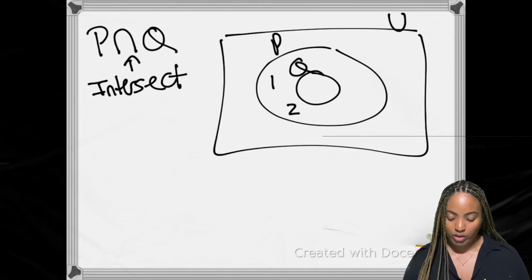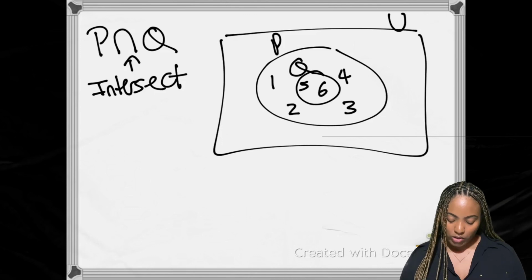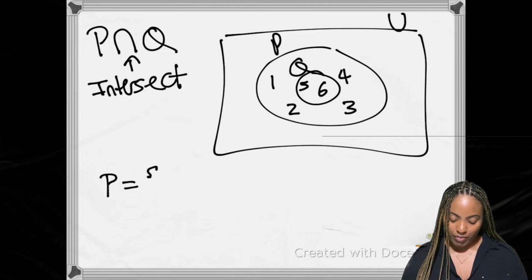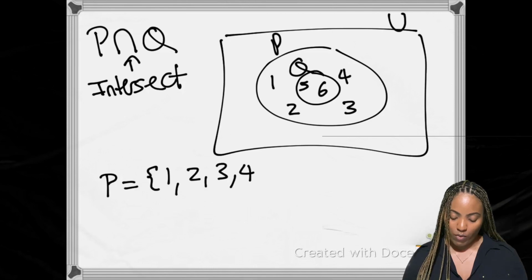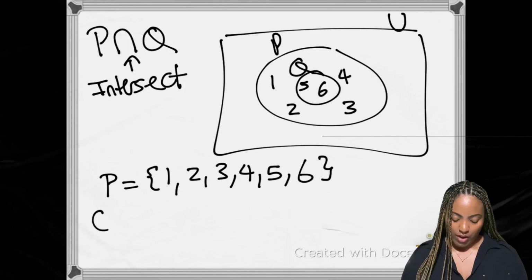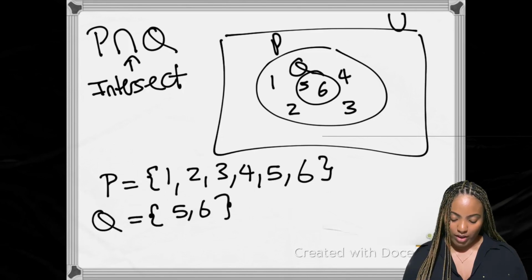We had 1, 2, 3, 4 on the outer, and 5 and 6. If I were to write the elements of P, I would write 1, 2, 3, 4, 5, and 6. If I were supposed to write the elements in Q, it would be 5 and 6.